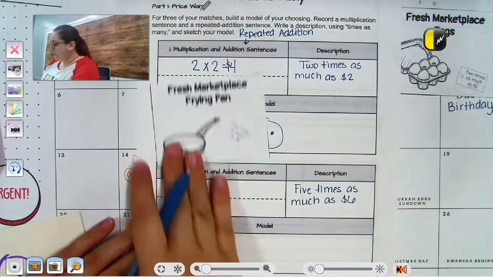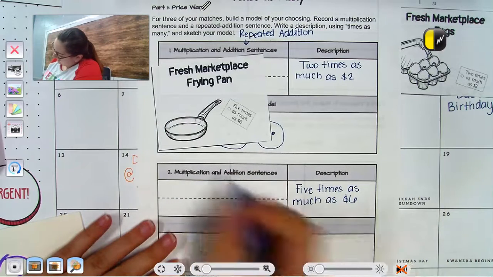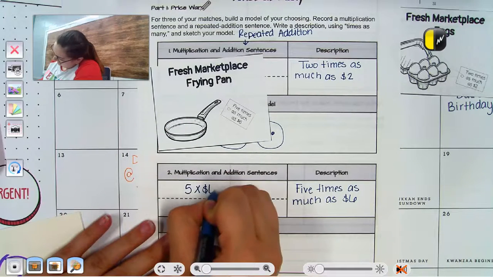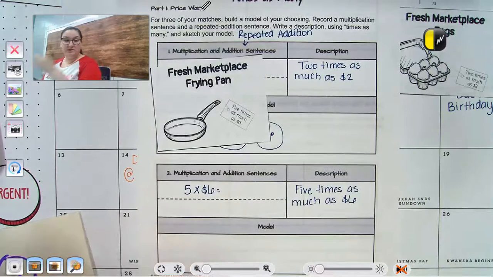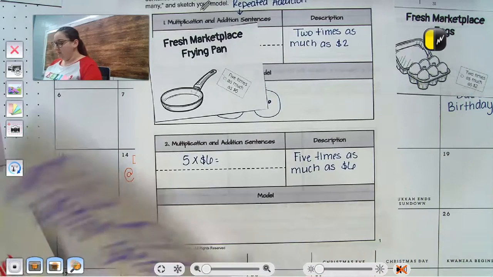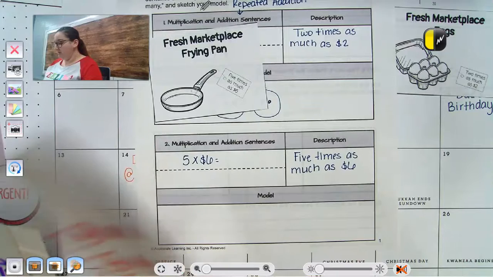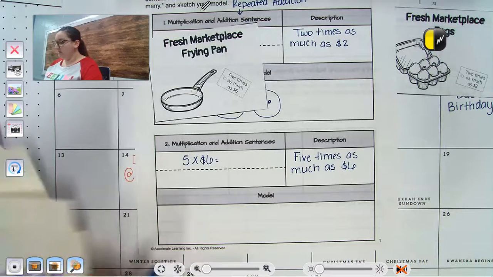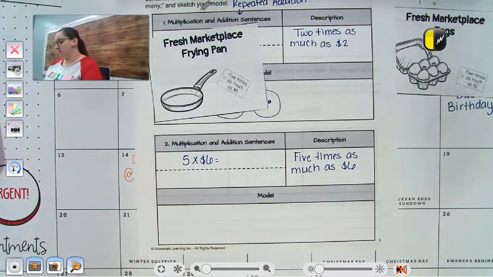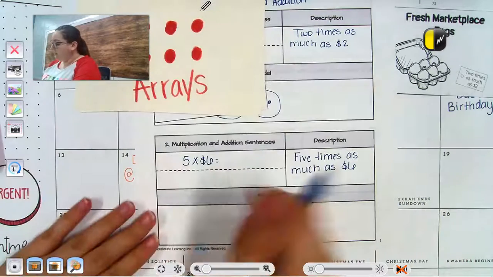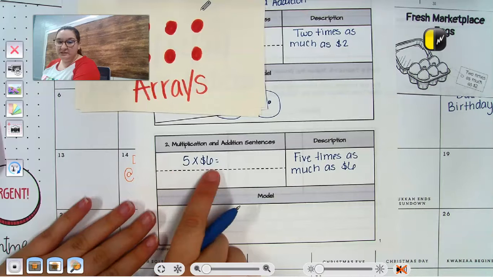That means my multiplication to figure out the price would be 5 times $6 equals, so let's draw a model. I'm going to do an array. That means I'm going to have 5 rows of 6.